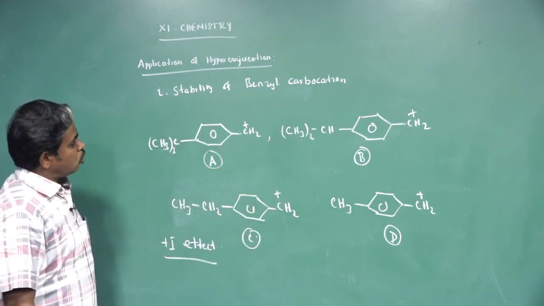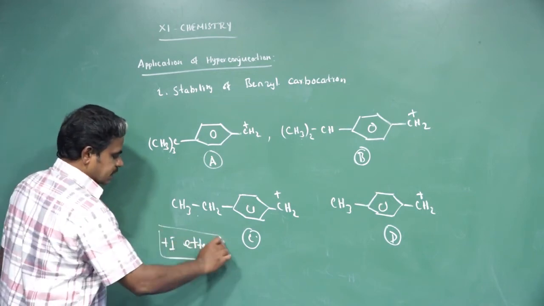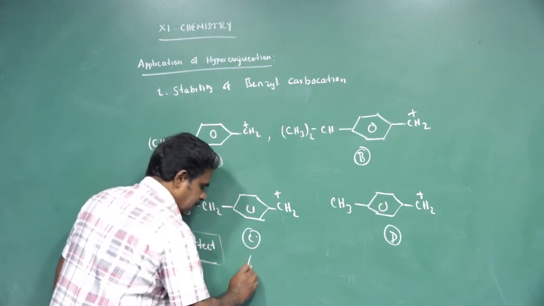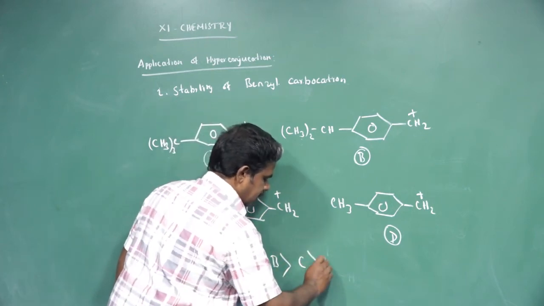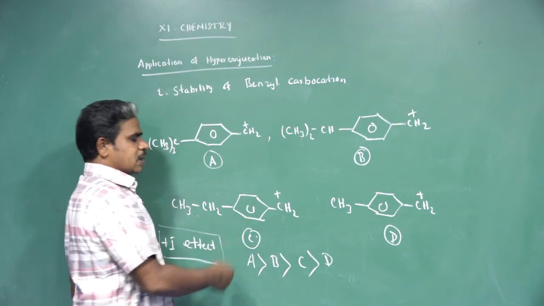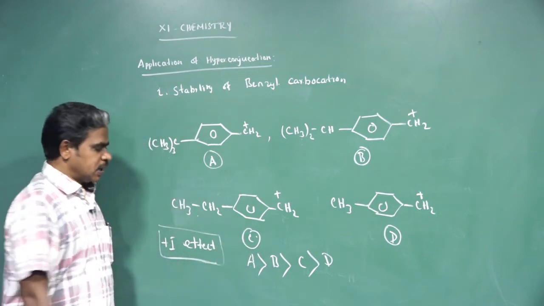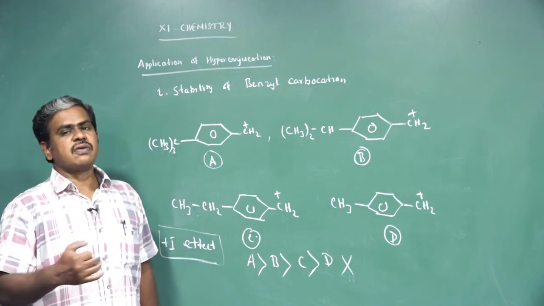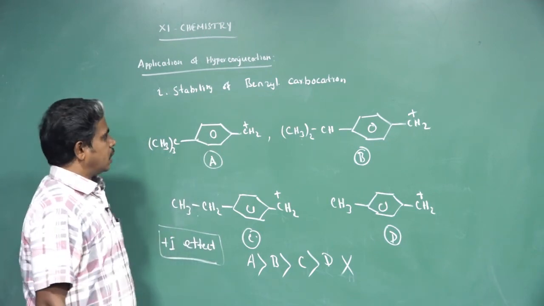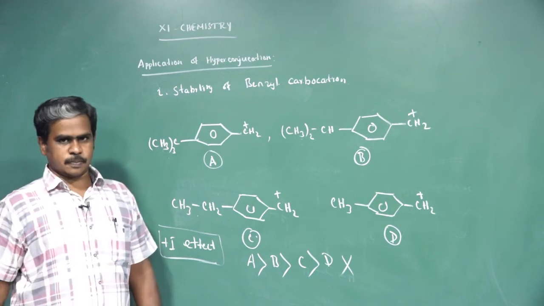So according to the plus I effect, the most stable order is A greater than B, then C, then D. But the observation shows this concept is wrong, so it is explained by hyperconjugation.